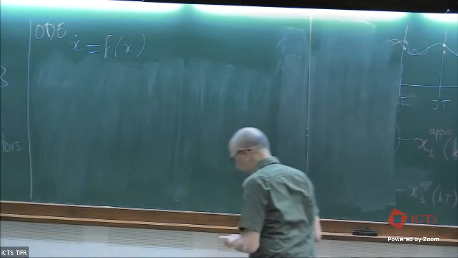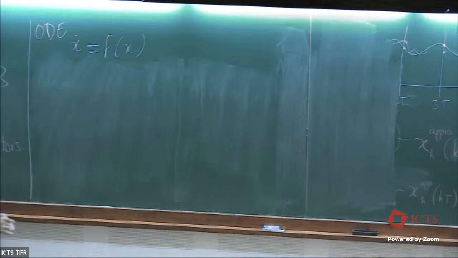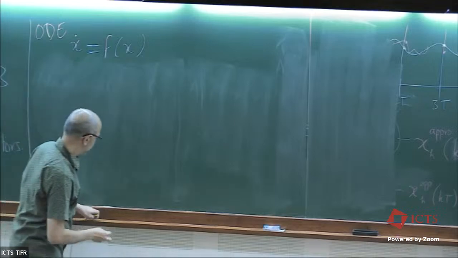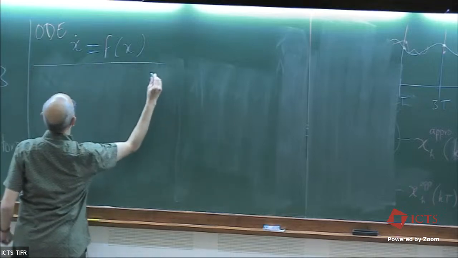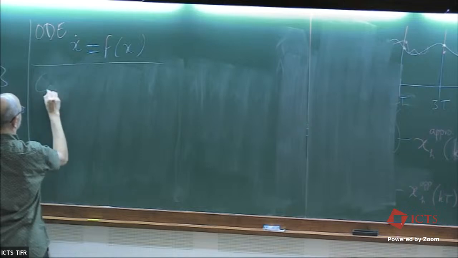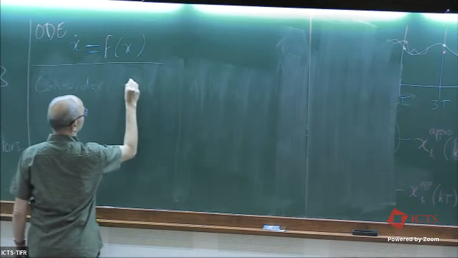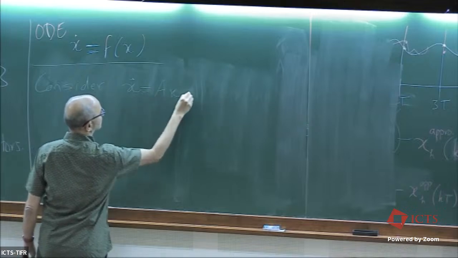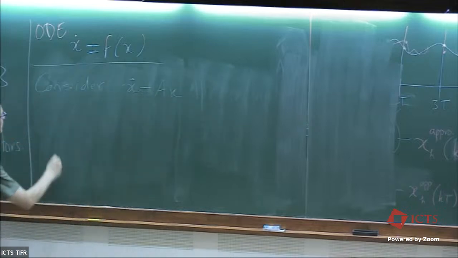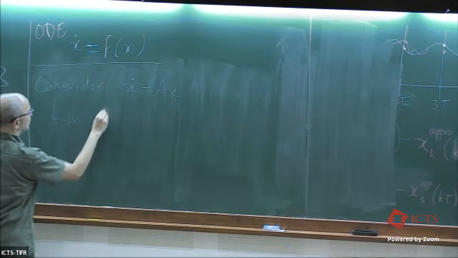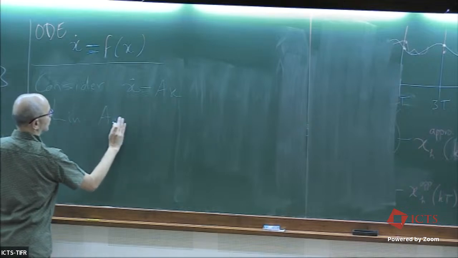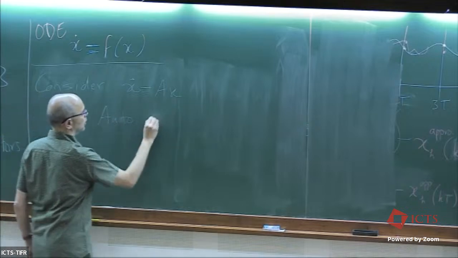And then, how does uncertainty evolve in time? So forget the nonlinear ODE. Consider x dot equals Ax, which is a linear autonomous ODE.